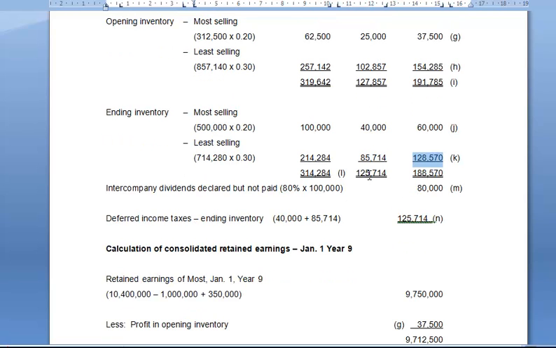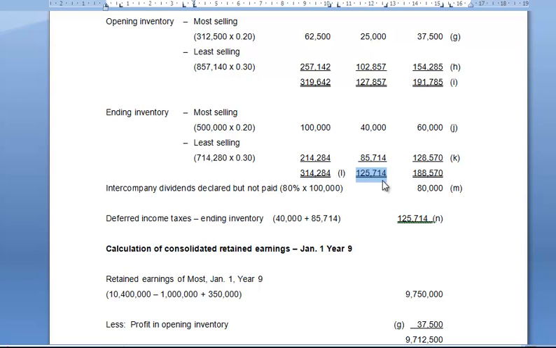Well, this amount here, $125,714, represents taxes that Most has paid and Leased has paid. So the consolidated entity considers this $125,714 as deferred taxes.